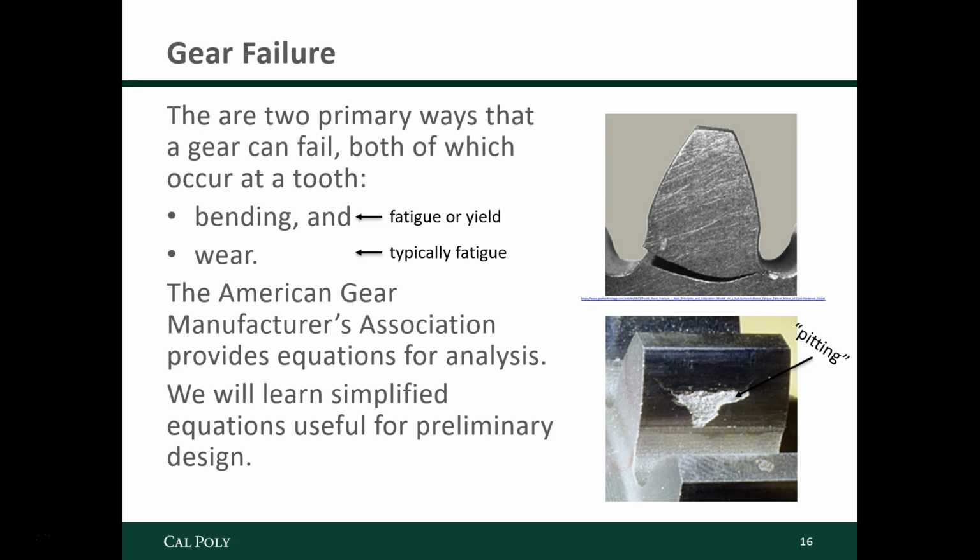And then we're going to learn a little bit one of the wear equations based on Hertzian contact stress. So we're learning the fundamentals of these, but it takes a long time, a lot more than we've devoted to gears, to learn all of the detailed factors that they use to adjust these equations.